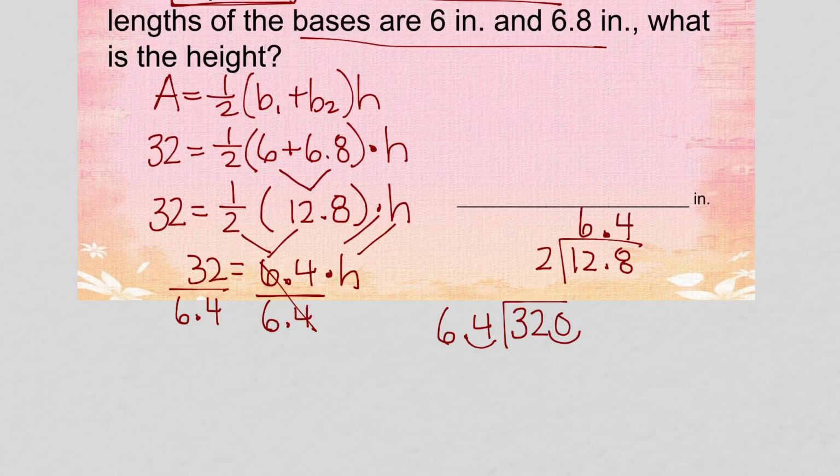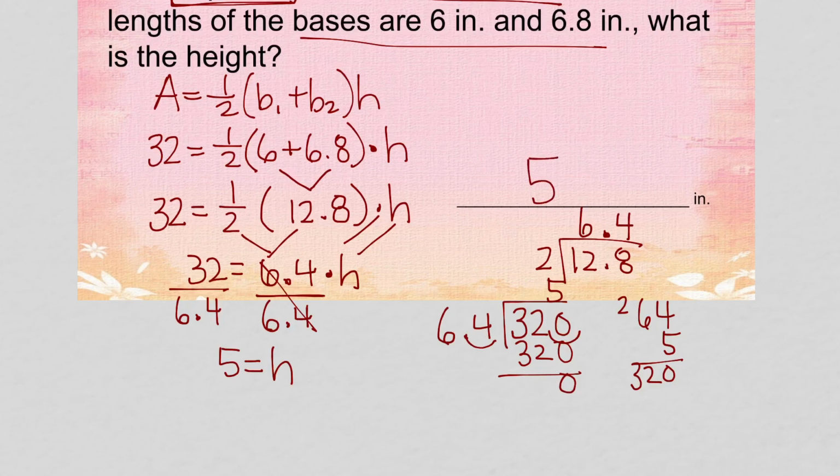And 64 can go into 320. Five. And I get 320, and I get 0. So this is 5 equals h. So my height is what? 5 inches.